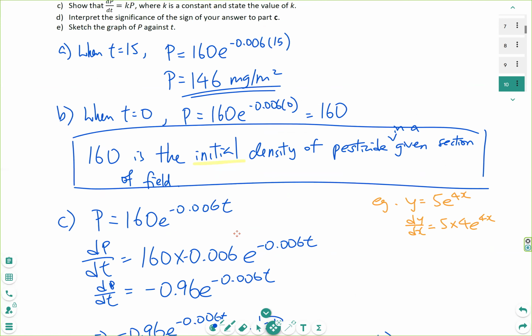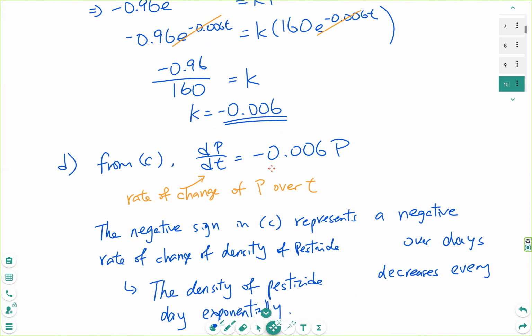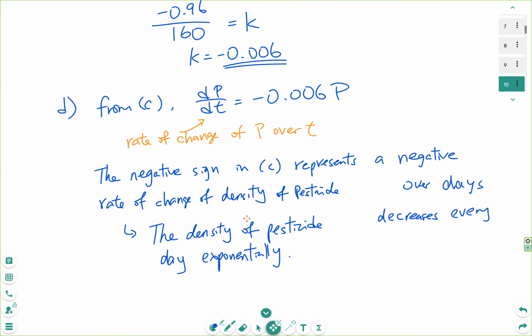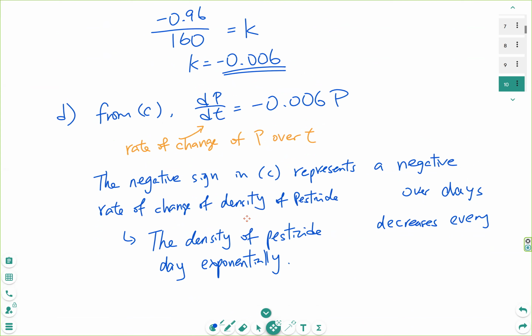So you can see the negative means every day the amount of pesticide inside the field is decreasing. Maybe it has evaporated, maybe some of the bugs have eaten or swallowed the pesticide, or digested it, or it got absorbed by the soil, whatever. So it just means the density decreases every day, exponentially.